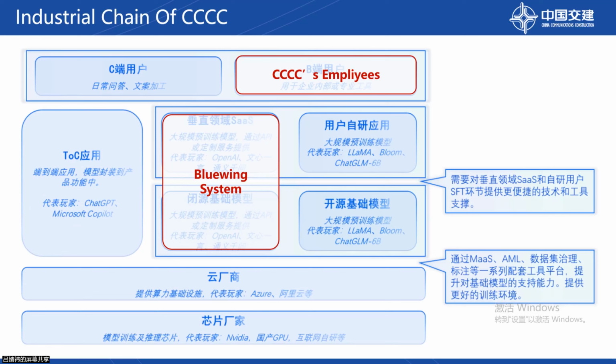The capability to support fundamental models is enhanced and better training is provided. It is necessary to provide more convenient technological and tool support for the SaaS in vertical fields. And on the top, there are applications for us, like the regulation training assistant, slide assistant, etc.